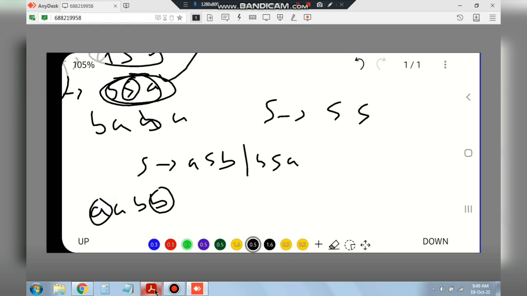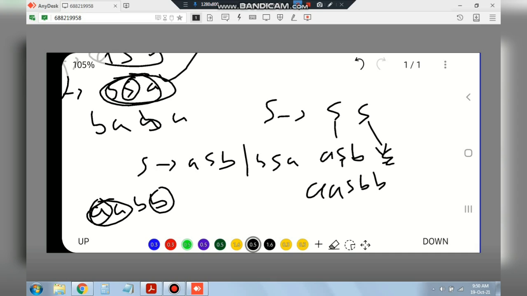For the first S I should get AB, so I'll write here ASB, and this you can take as epsilon, right? Because if I take epsilon, I'll get AB, and here also I'll write ASB, and substitute this as epsilon, I'll get this string, right?